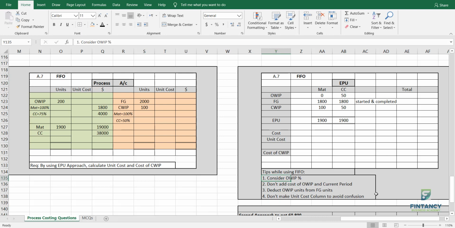No need. We will only take the current period cost, because this is first in first out method. But it doesn't mean that I am not considering this cost. I will consider it, but in a different way. I will show you in a while. So this cost I will take which one? During the current month, 19,000. And here I will take 38,000.